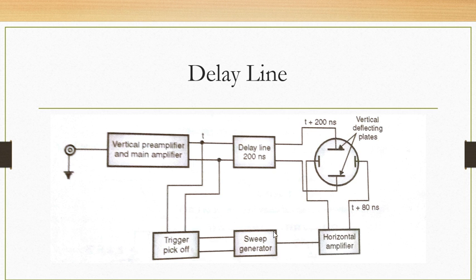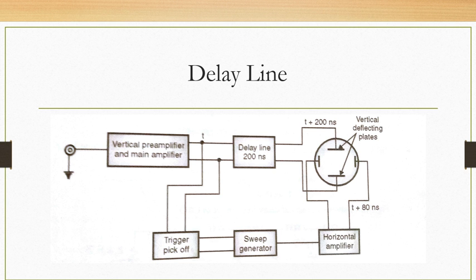What do we mean by synchronization? Whenever the vertical signal is given to the vertical deflection plates, at the same time the horizontal amplifier's output should be connected to the horizontal plates as well. That is very important, and that is called synchronization.